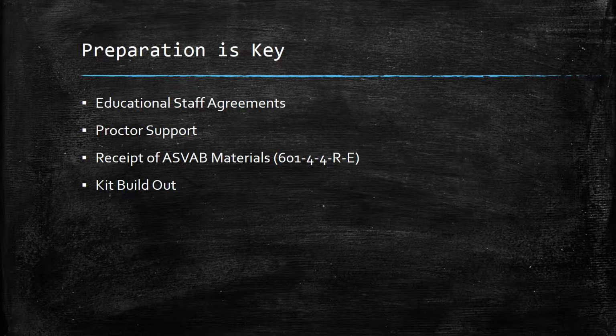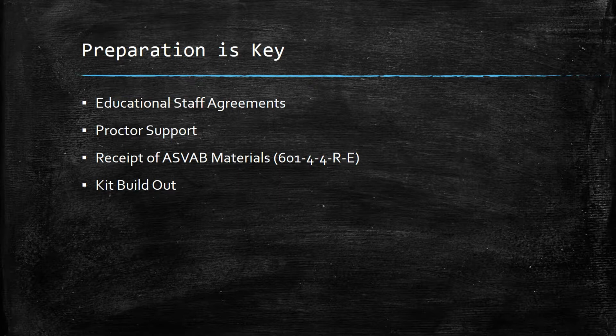In addition to the educational staff agreements, you'll also need the receipt of ASVAB test booklets. You will be providing your test material to these assistant TAs, and as the regulation stipulates, you are responsible for security and accountability as the procurer of these test materials. So you will provide an inventory to the test administrative assistant via these forms.